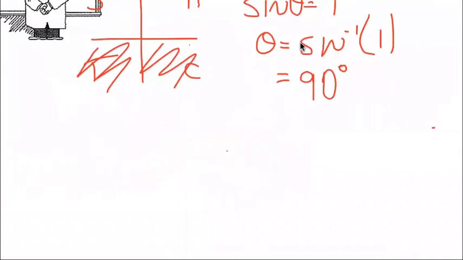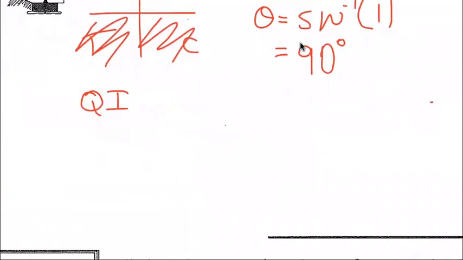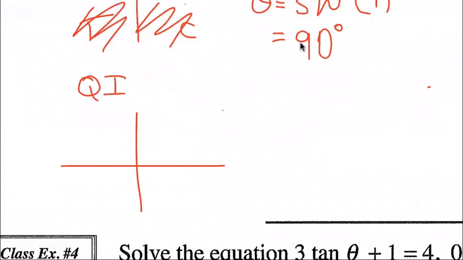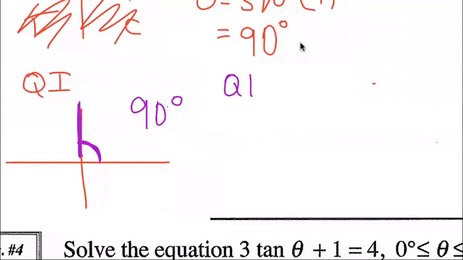So now if I look at quadrant 1, where is my reference angle of 90 degrees? It's right here, 90 degrees. What's my rotation angle? 90 degrees. Okay. In quadrant 2, this is what it looks like. My reference angle of 90 degrees would go back this way to here.